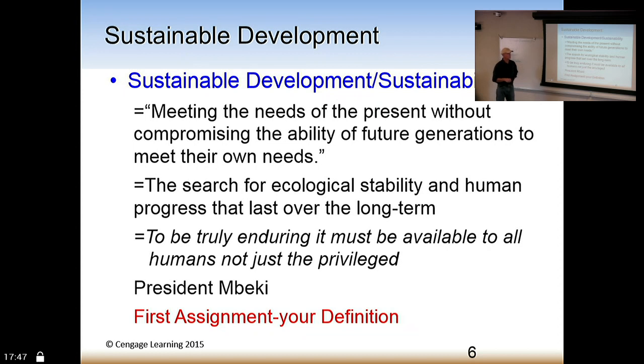This is President Mbeki, the second president of South Africa after it switched over to majority rule. When I grew up in South Africa, unfortunately, blacks weren't allowed to vote at all, even though they're 90-something percent of the population. And President Mbeki said, to be truly enduring, sustainability, or development, must be available to all humans, not just the privileged.